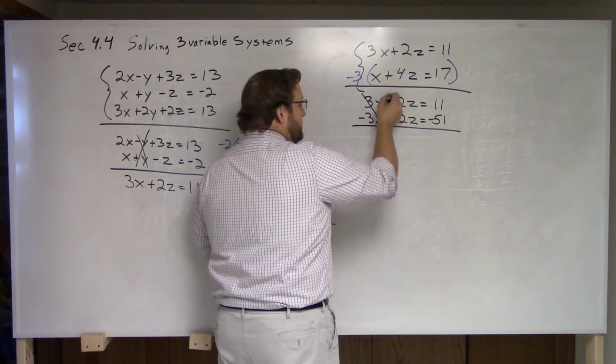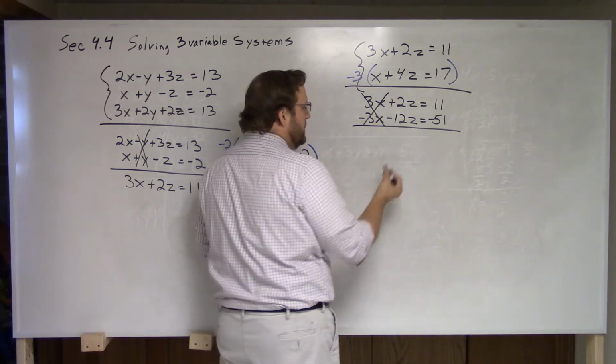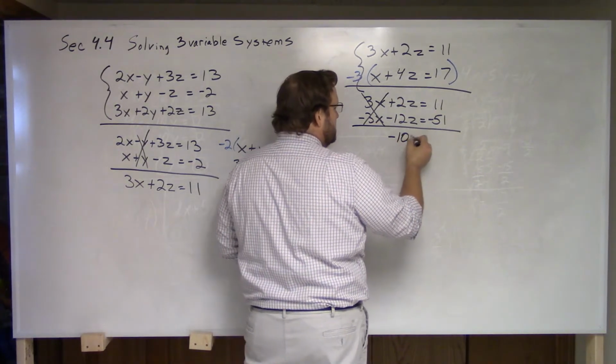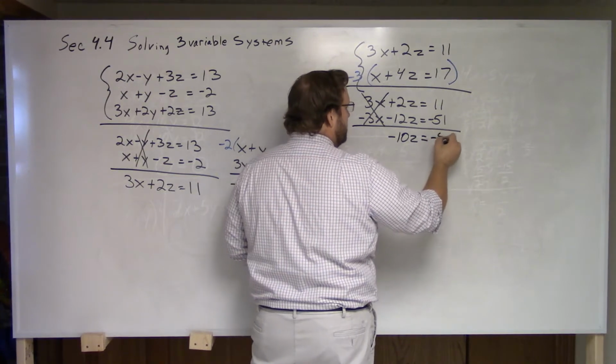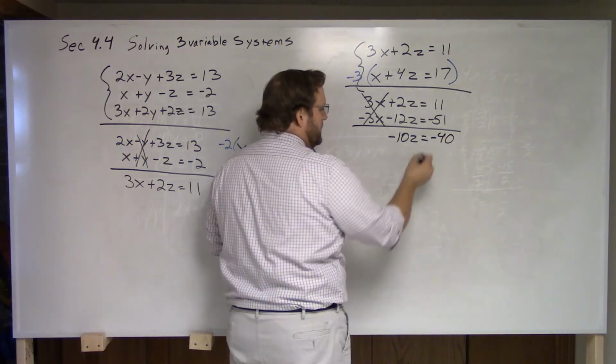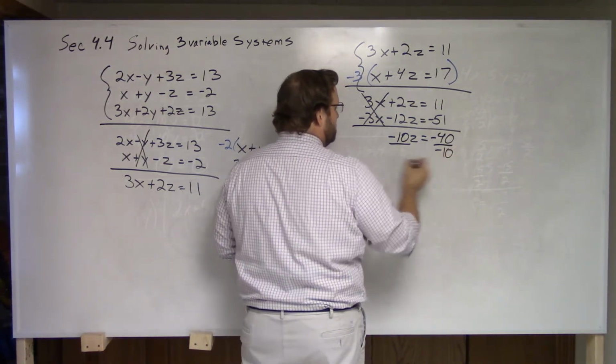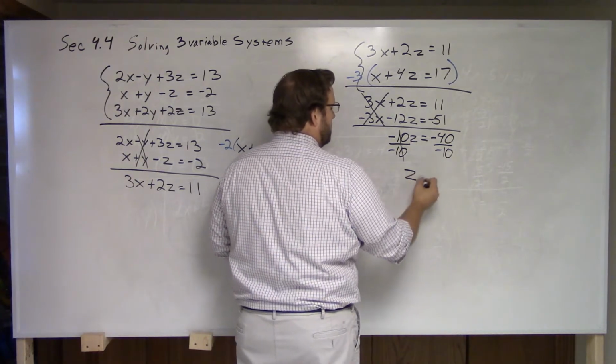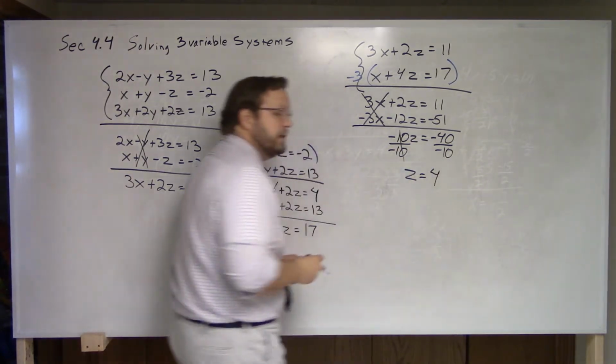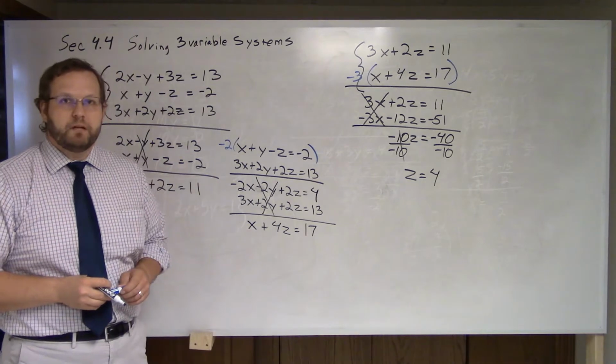The x's eliminate by design, and then I get negative 10z equals negative 40. Divide by negative 10, and z equals 4. Okay?